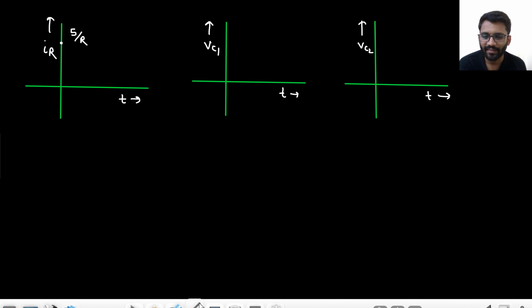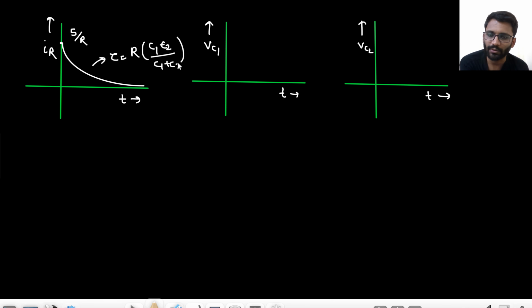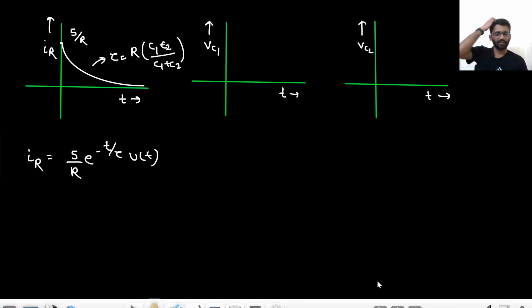Okay. With time constant R into C1 C2 upon C1 plus C2. I will also write down the equation of IR, from 5 by R to 0. Okay.